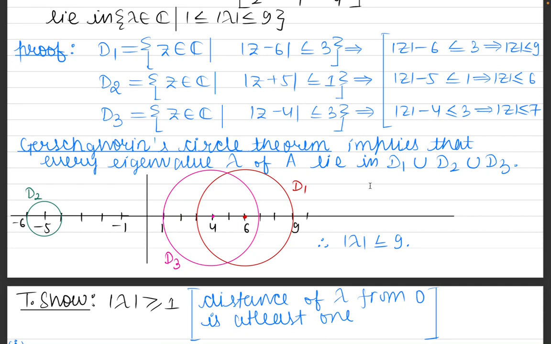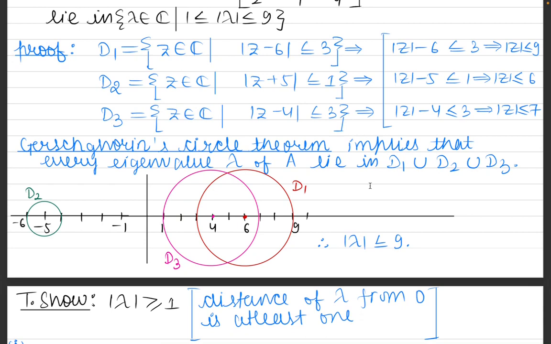This is the distance. You have to show that geometrically the distance of lambda from 0 is at least 1. So if any eigenvalue lies here, the distance is at least 1, and if any eigenvalue lies here, the distance is at least 5. So in any case, the distance is greater than or equal to 1.